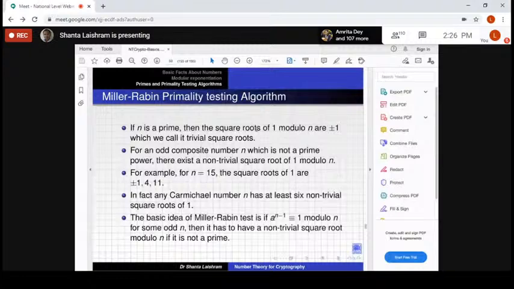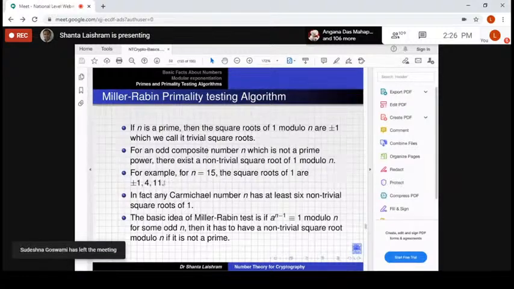And for a number n which is not a prime and which is odd, one can always find a non-trivial square root of 1 modulo n. For example, for n equal to 15, the numbers 4 and 11. These are square roots of 1: 4 squared is 1 mod 15, and 11 squared is 1 mod 15. So when n is not a prime, you have non-trivial square roots of 1 modulo n.